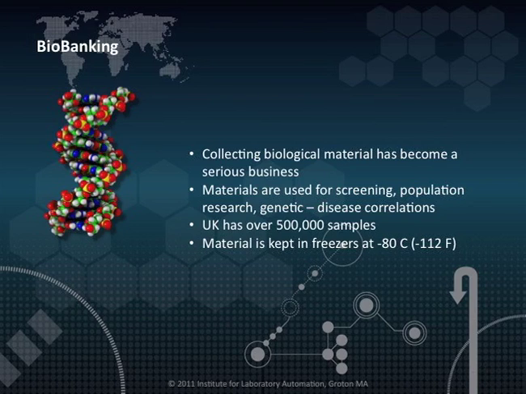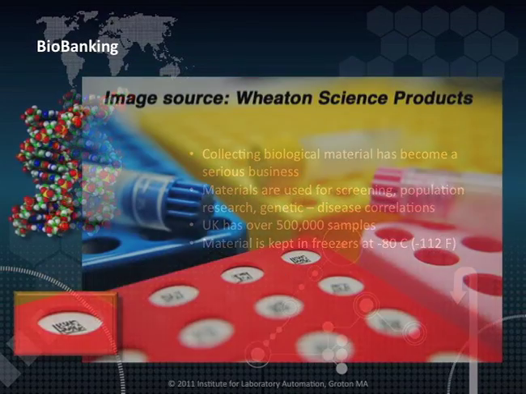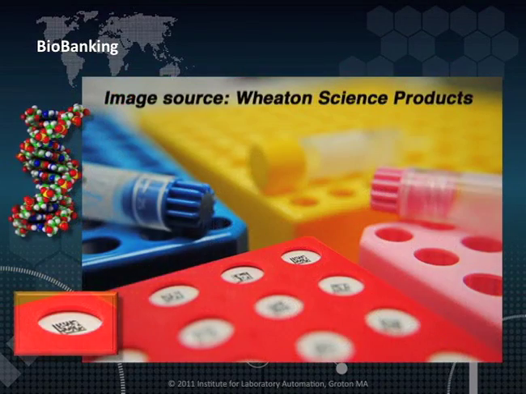They may be screened, looking for disease markers, and are matched with large databases of information about the samples. Each tissue sample is contained in a tube with a barcode. The barcodes can be used to identify the samples and serve as an index into the database.